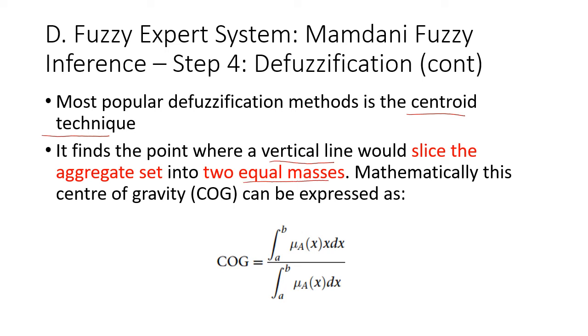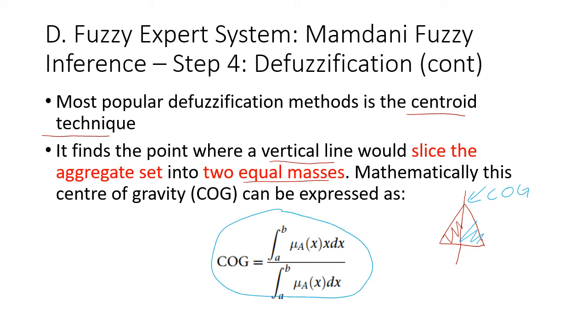So for example, if I have a triangle and I draw this line that would equally distribute these 2 halves. So this is the COG, or the center of gravity, and it can be expressed as this mathematical equation.